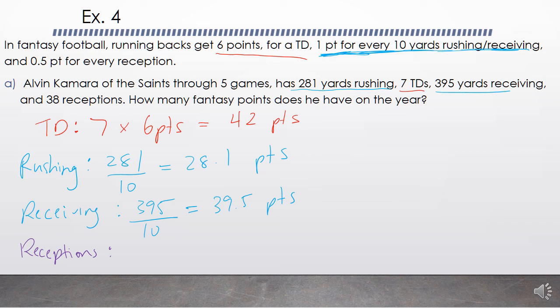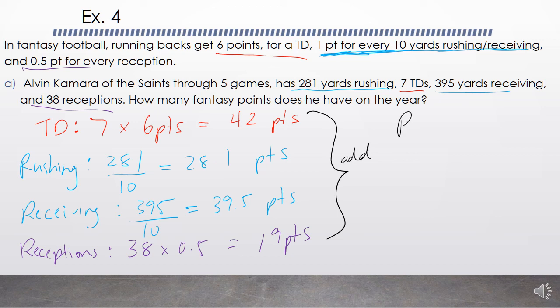He has 38 receptions, and you get half a point for every reception, so times 0.5. That's 19 points. So when we want to know how many he has on the year, add all those up. Hopefully you get 128.6 points.